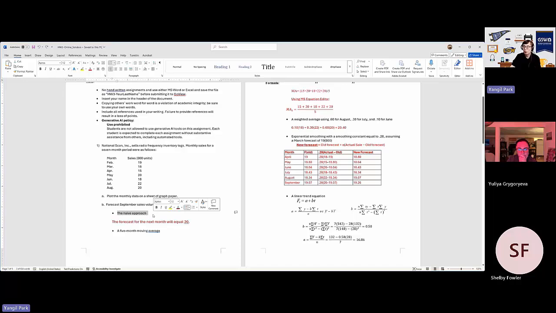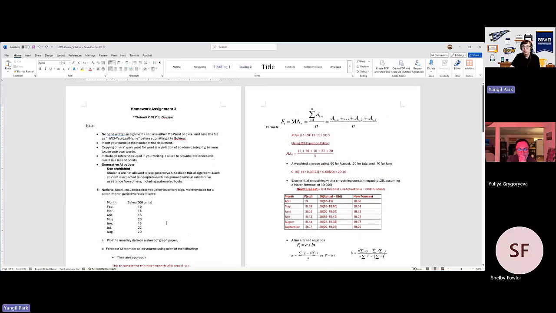So nothing to do with the future, nothing to do with average. Just look at the previous one and copy whatever the amount. So the naive approach is very simple. The second one we have is moving average. As you can imagine, just average, right? Just add them up and divide by the number of periods, number of months.